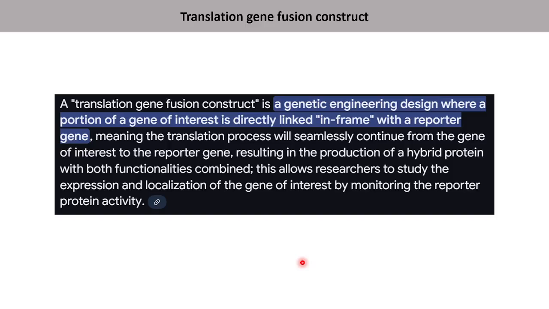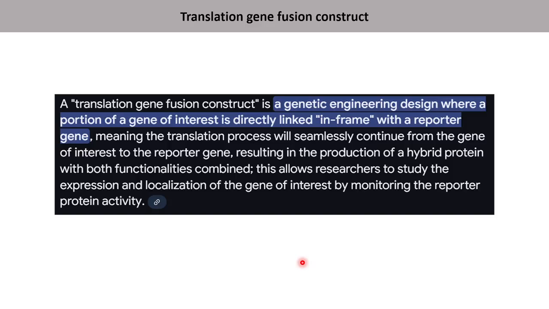If there is a promoter sequence and immediately a start codon like ATG, that particular gene will keep on translating till it reaches a stop codon. Now if we insert any other gene which comes in the frame of the start codon and stop codon, that means it will form a protein in fusion with the protein of the reporter gene.